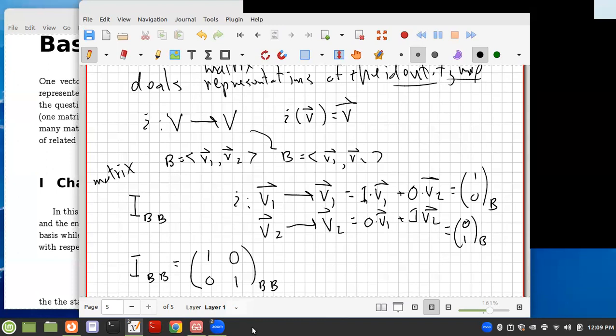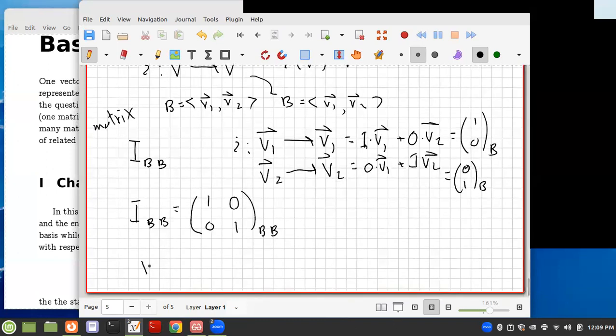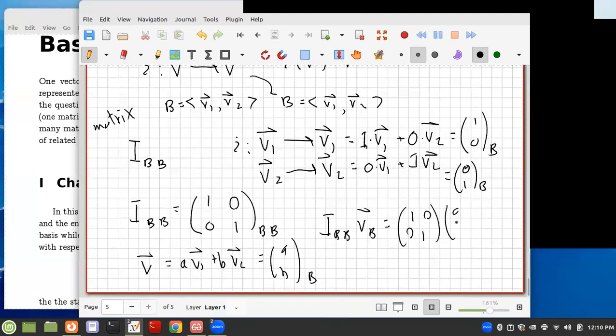So the vector (a, b) is going to go to the vector (a, b). In other words, any vector V has some decomposition a V1 plus b V2, which equals (a, b) in basis B. If I apply I, that gives me [[1, 0], [0, 1]] times (a, b), which equals (a, b).